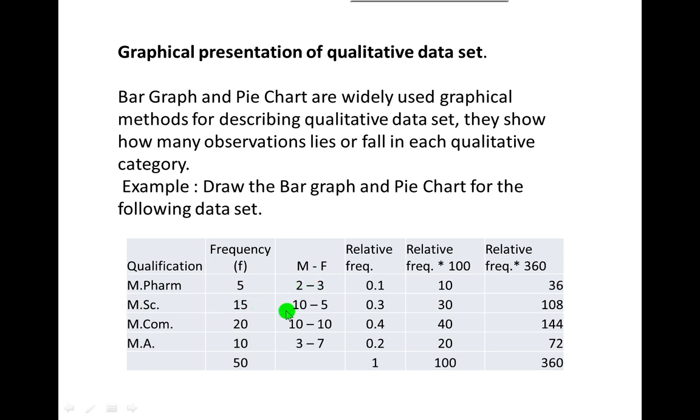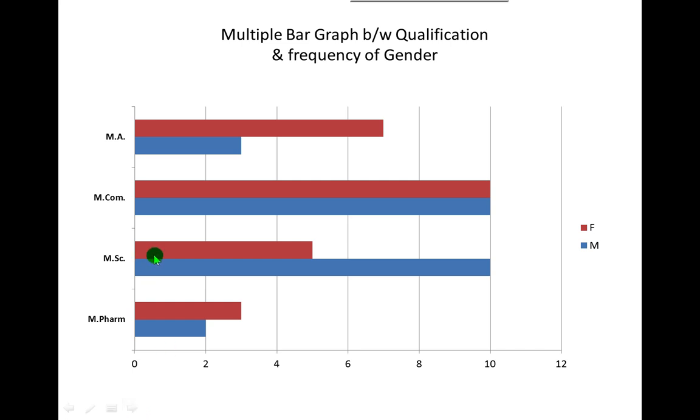In the second, 10 male and 5 female. Both are the same, 10 and 10, and this is 3 and 7. So blue color represents the male categories, red color represents the female categories. Okay.